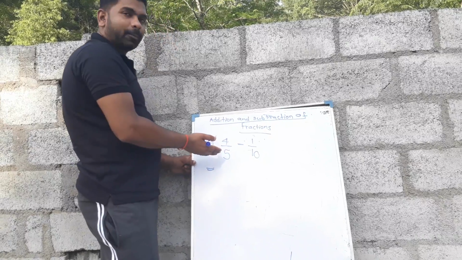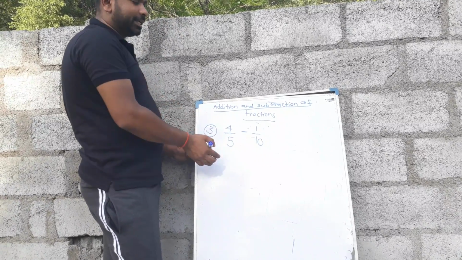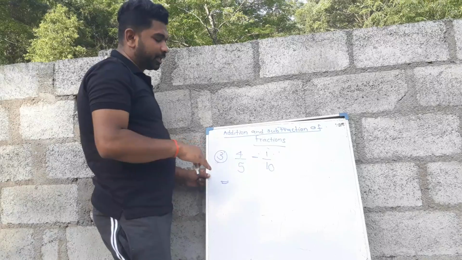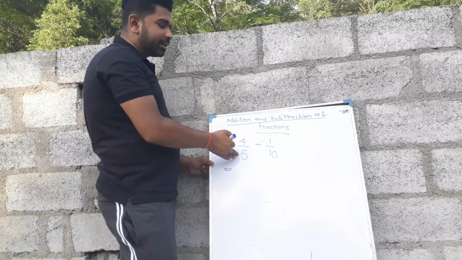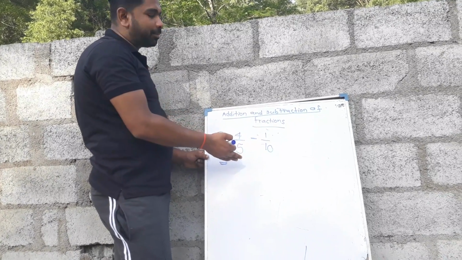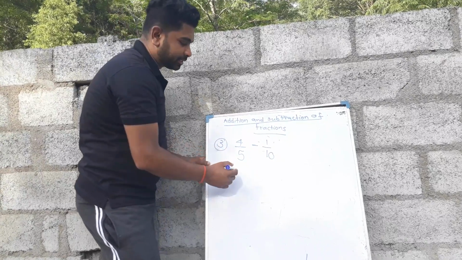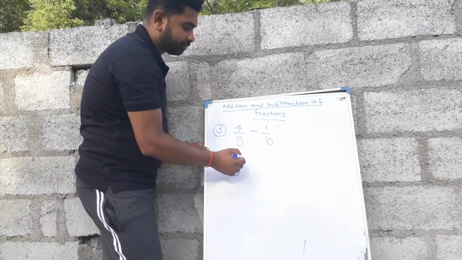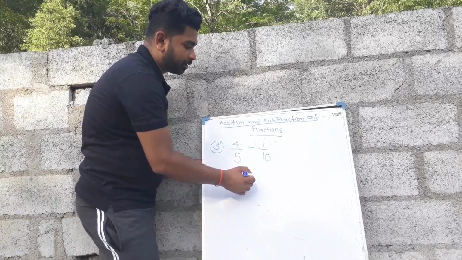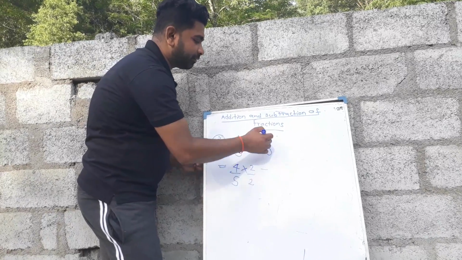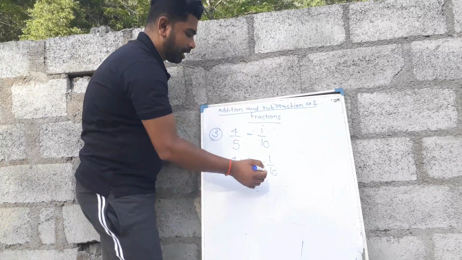Here also there is no common denominator. But if you think about your knowledge, you can realize you can convert 5 into 10 with the help of equivalent fractions. So we can multiply this one also by 2.